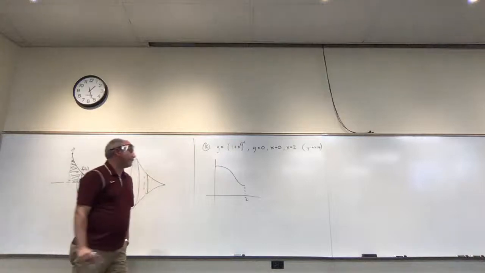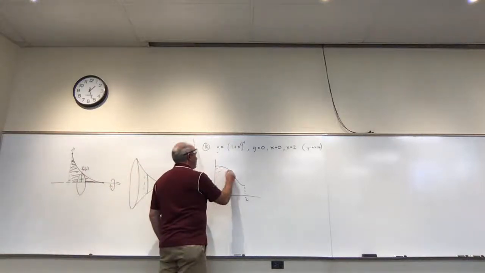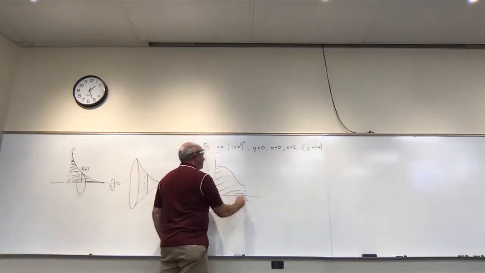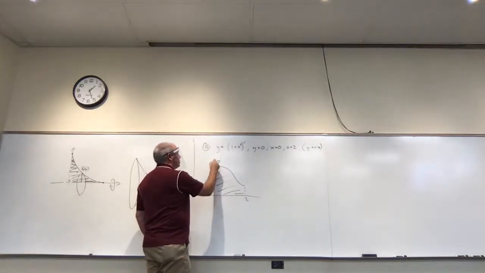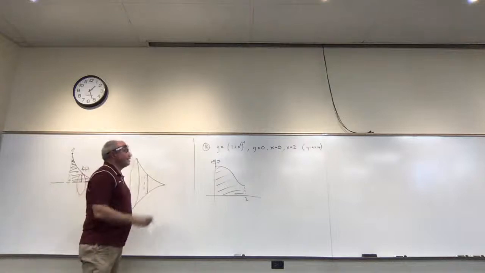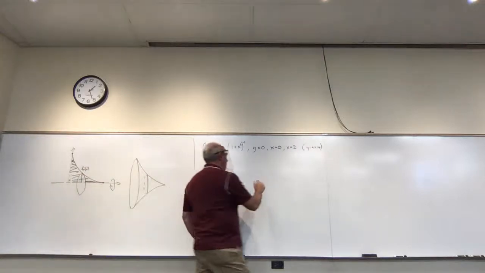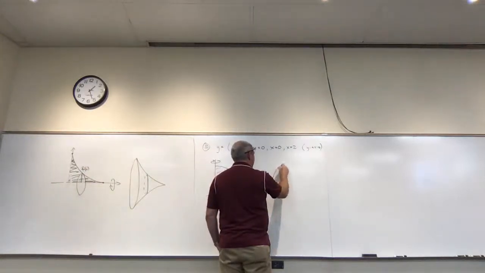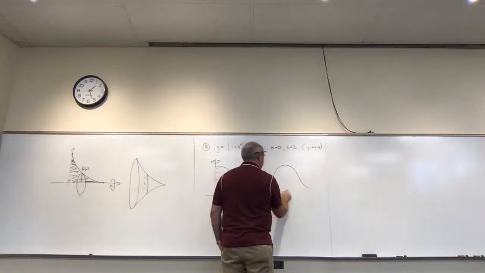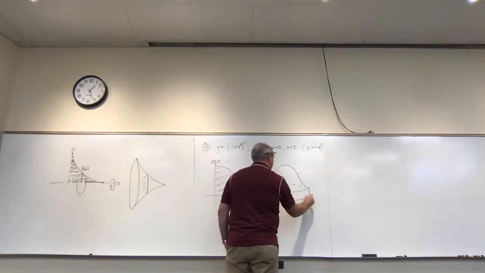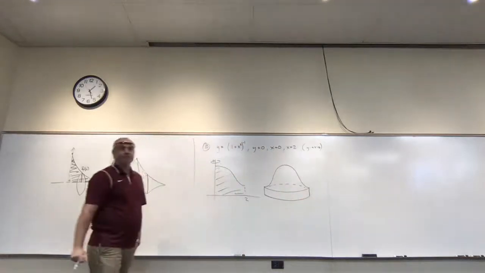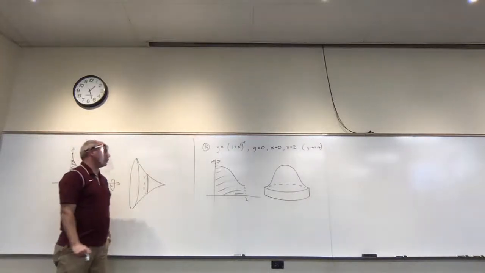So it has this shape. And then it says, please spin that guy around the y-axis. And so now if I want to draw a picture, it kind of looks like a bell. Right, kind of got that bell shape going on.